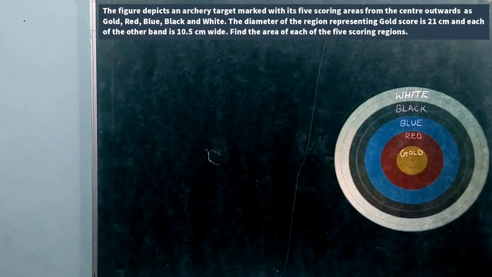In the figure, the diameter of the region representing gold is 21 centimeter and each of the other bands is 10.5 centimeter wide. Find the area of each of the 5 regions.